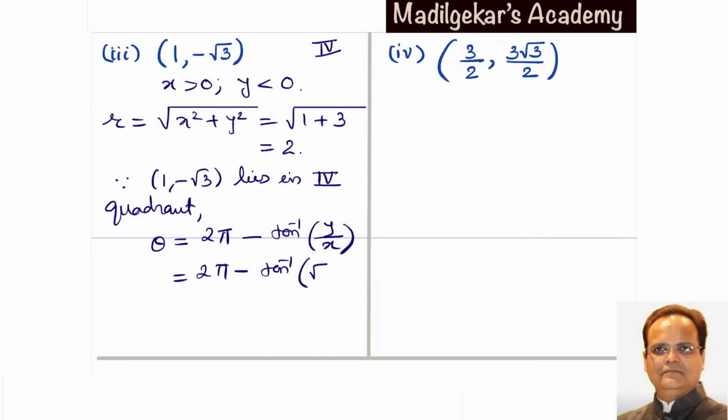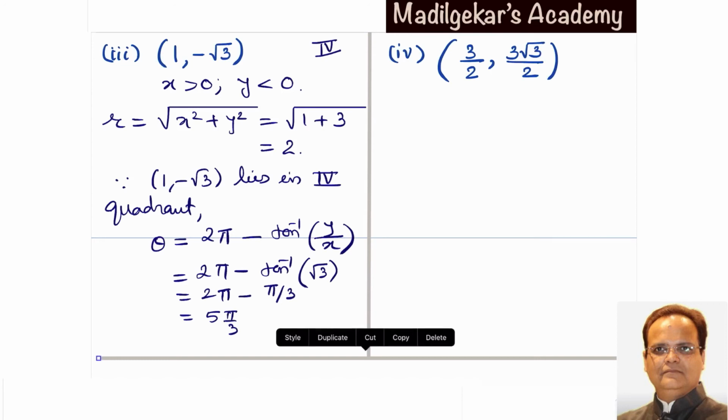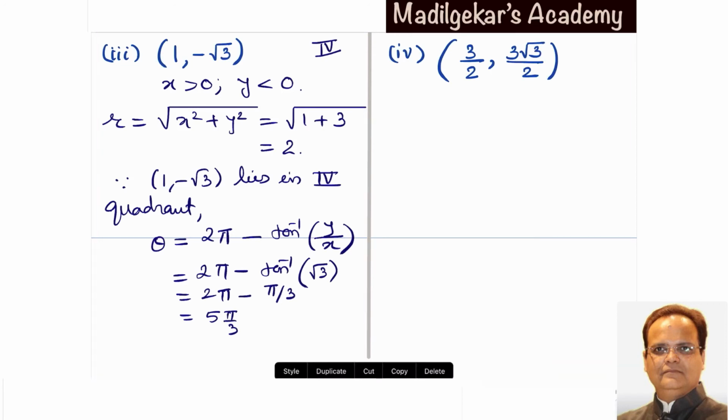So this is root 3 upon 1. That is 2 pi minus tan inverse of root 3 is pi by 3. 2 pi minus pi by 3 gives 5 pi by 3. So the required polar coordinates r comma theta are 2 comma 5 pi by 3.